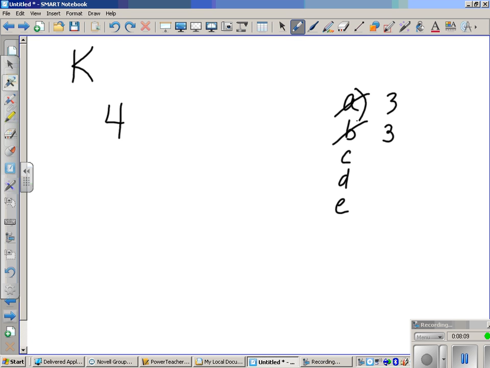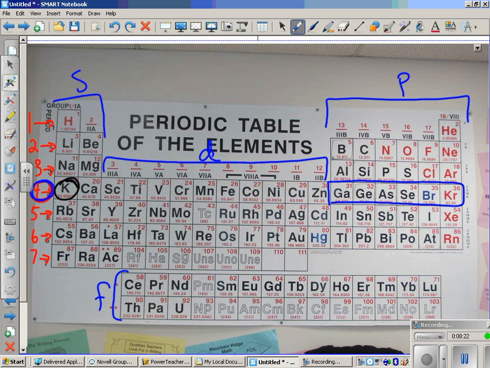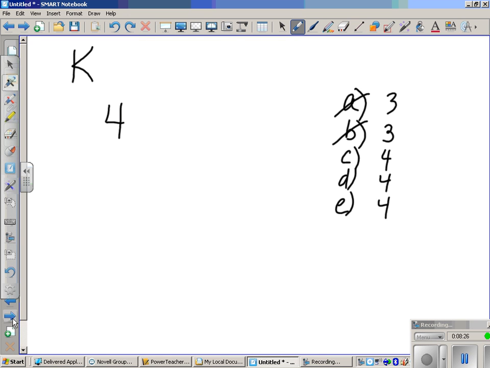C, D, and E all start with a 4, so they are still up in the air. Now for potassium, the next thing we look at is what block it's in. So we look at our periodic table and we see that it's here in the S block. Think about it. What number represents S block? You should have said 0 represents S block.